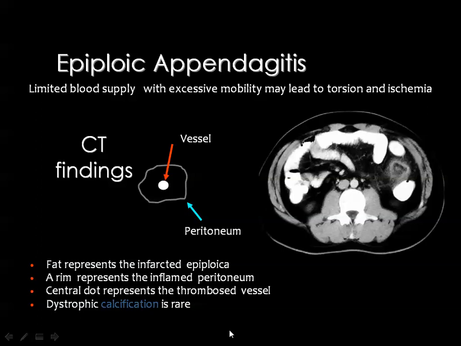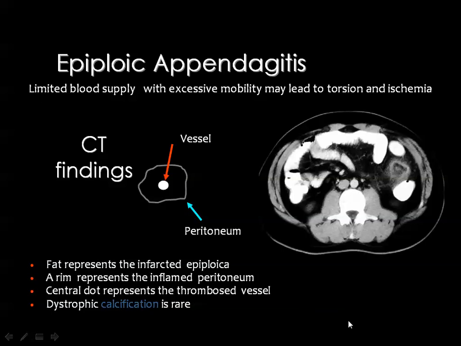And what happens if this appendix epiploica has been inflamed? You remember, because it is freely mobile, many times there is torsion, and this torsion will compromise the blood supply, resulting in acute inflammation.